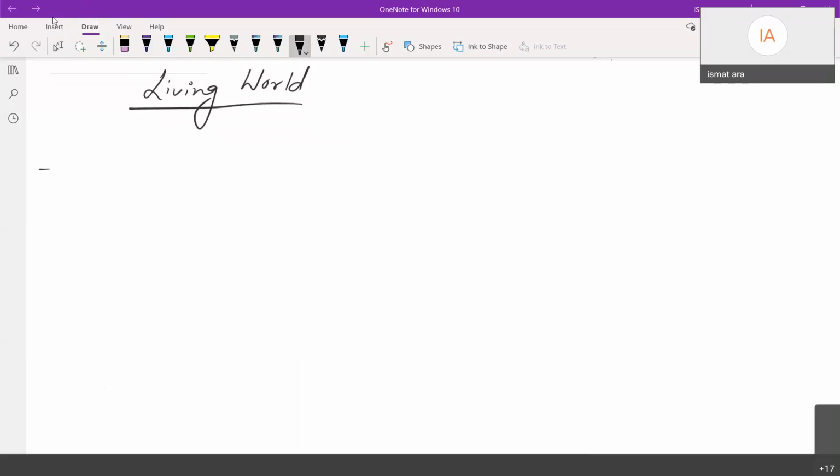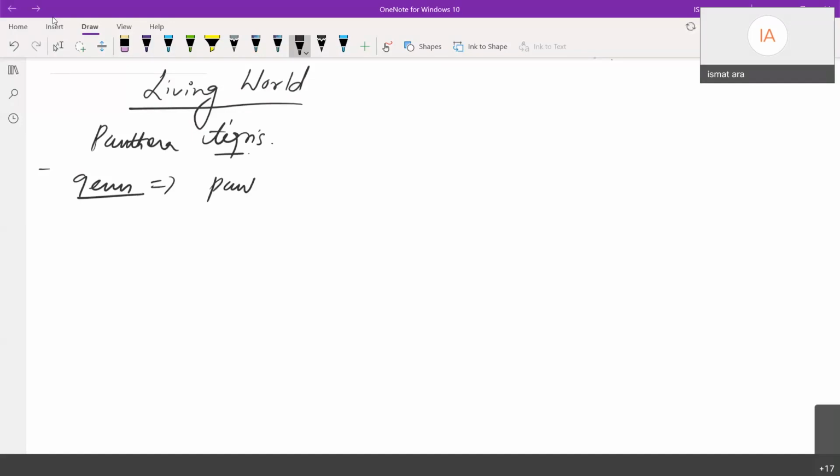Now see some more features. Suppose I'm giving you one example, like Panthera tigris. This is a species. And take the genus. In a genus, you will get similar species.